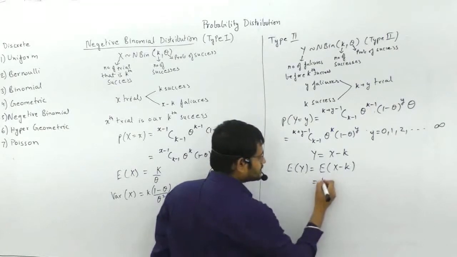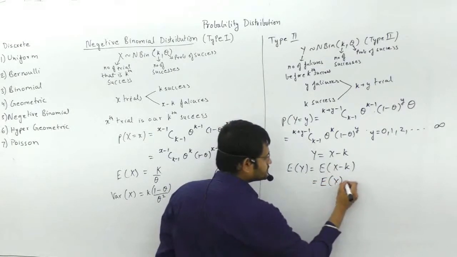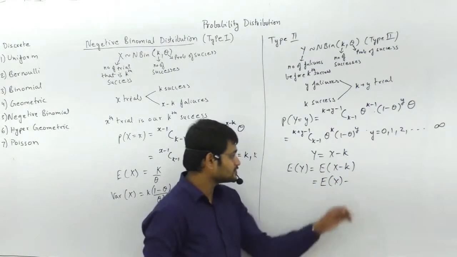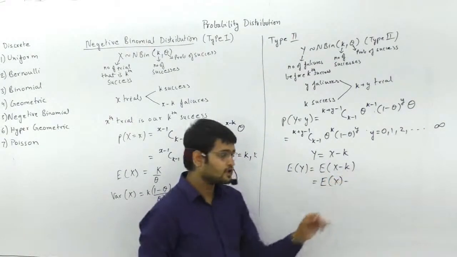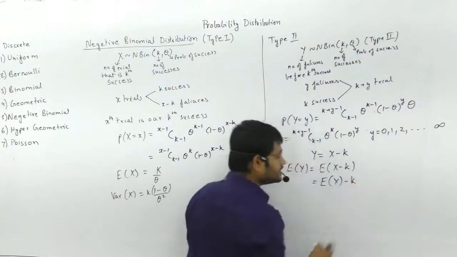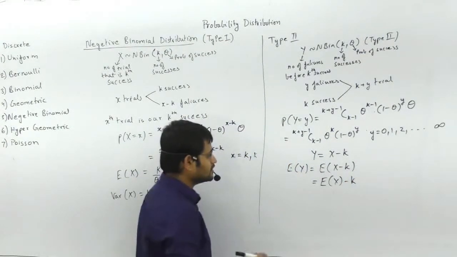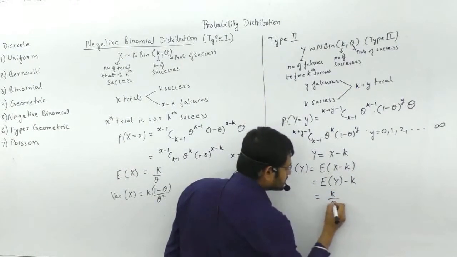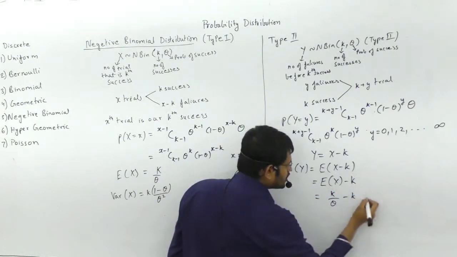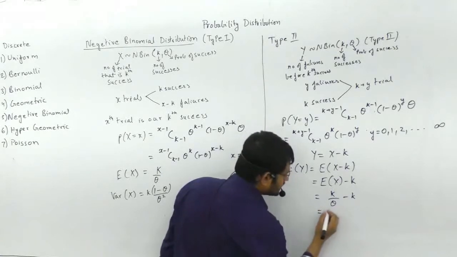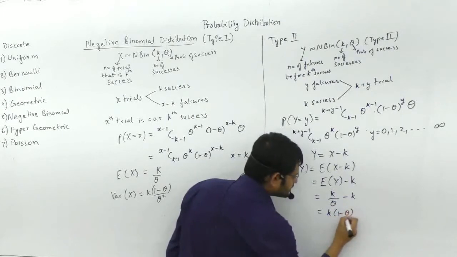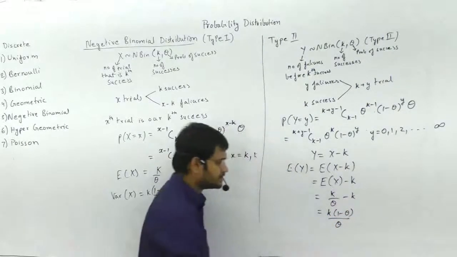That is the expected value of X minus, and the expected value of a constant is the constant itself. So we get k by theta minus k, or we can write it as k into (1 minus theta) upon theta.